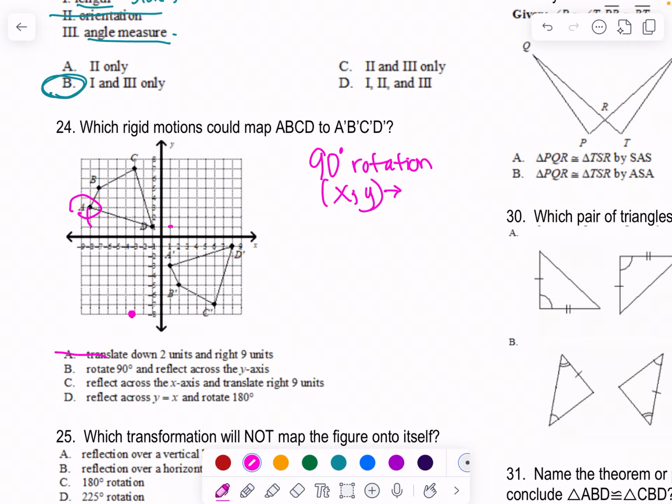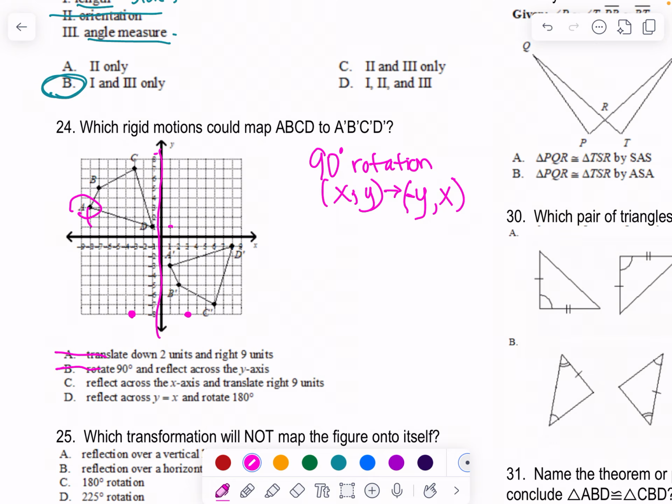So your x becomes your y, and your y goes where your x is, but then it's also the opposite. Okay, so that would go right there. And then across the y-axis, that would put it over there, which is not where A is, so it can't be that.